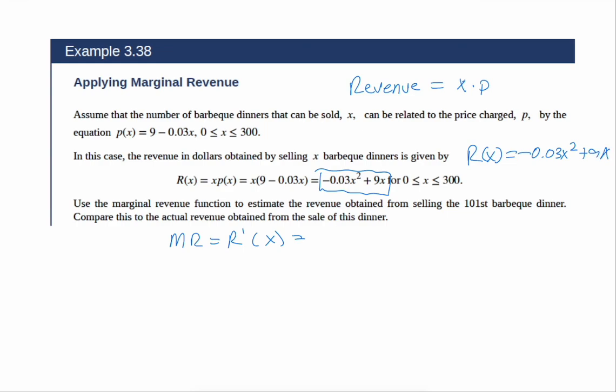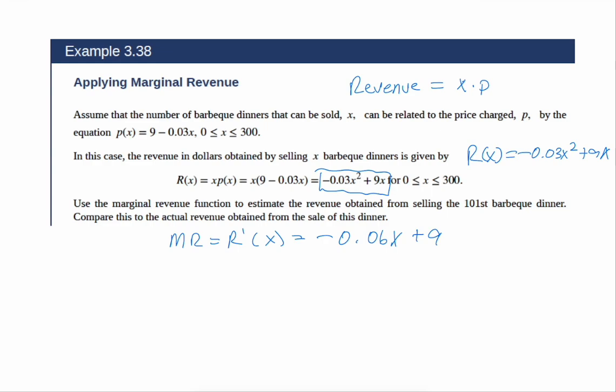And then the derivative of that, it's just a polynomial function. We know how to do power functions. Just do each individual term. The 2 drops down in front. It multiplies by the negative 0.03. So negative 0.06 x to the first. And then that plus 9x, the derivative of that is just 9. Okay. So it says use the marginal revenue to estimate the revenue obtained from selling the 101st barbecue dinner.